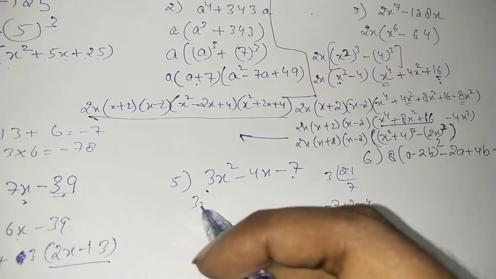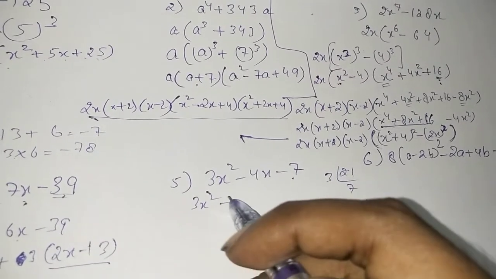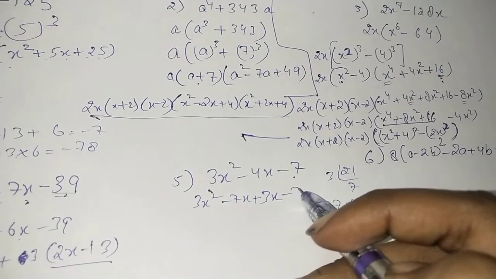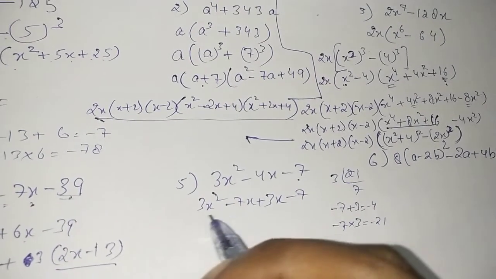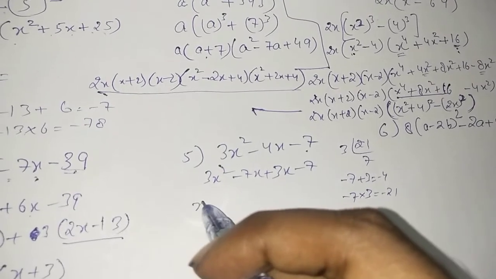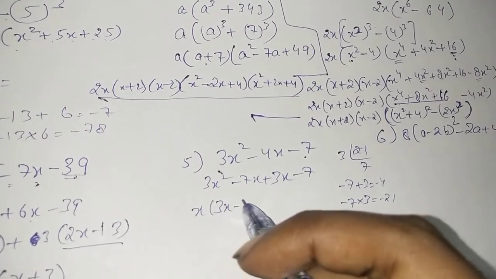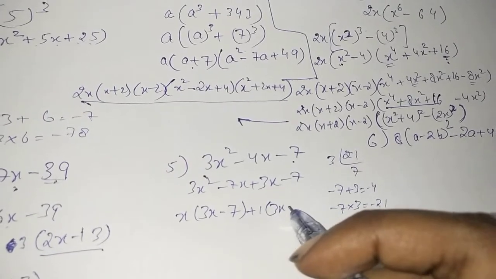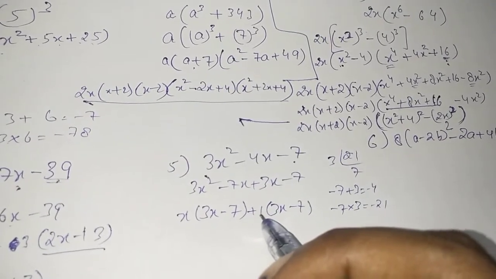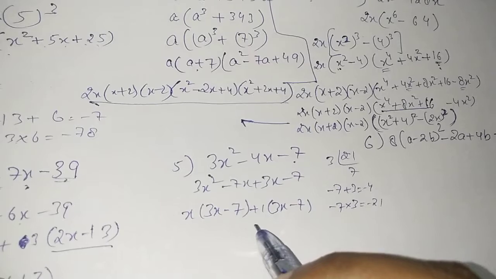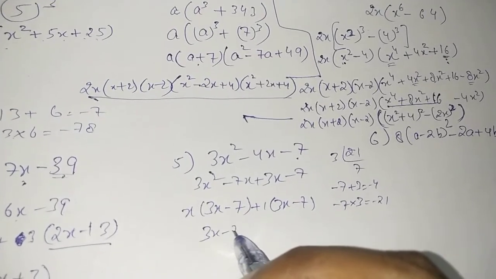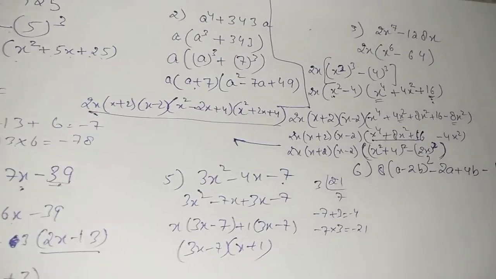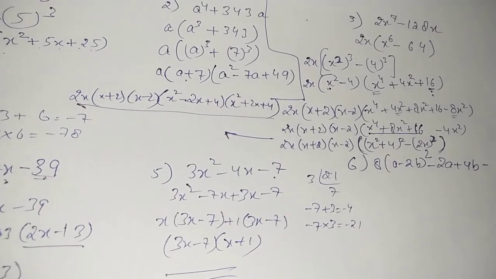So it will be 3x square minus 7x plus 3x minus 7. On taking out common, we can see that we have x common, so it will be 3x minus 7. Now nothing is common, so we will say that 1 is common. We will never write down anything without the number part. So 3x minus 7 is one of the brackets, and the other bracket is x plus 1. So this will be the final answer.